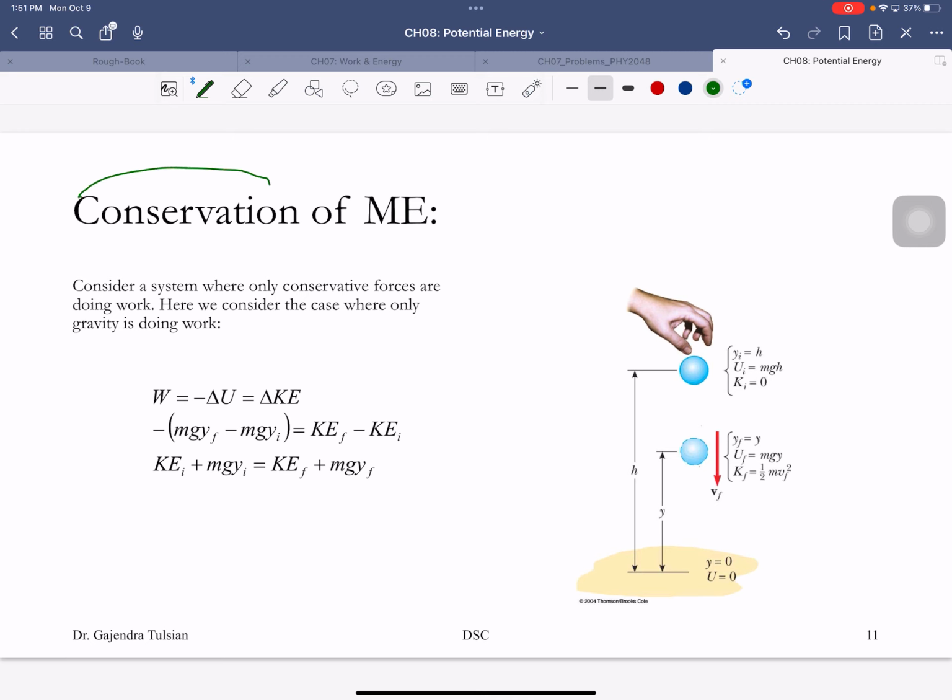Now, we'll define something called mechanical energy. The rest is all just terminology and stuff like that. So let's try and understand some physics. Mechanical energy is kinetic energy plus potential energy.